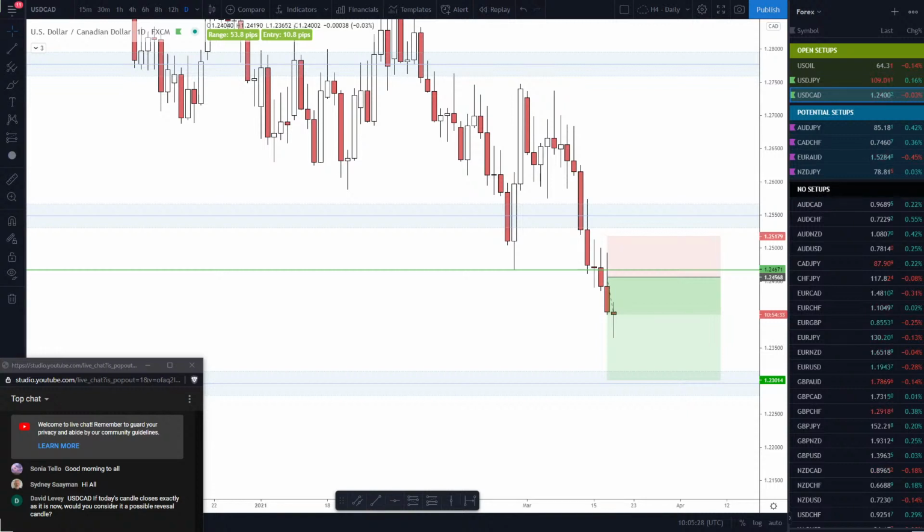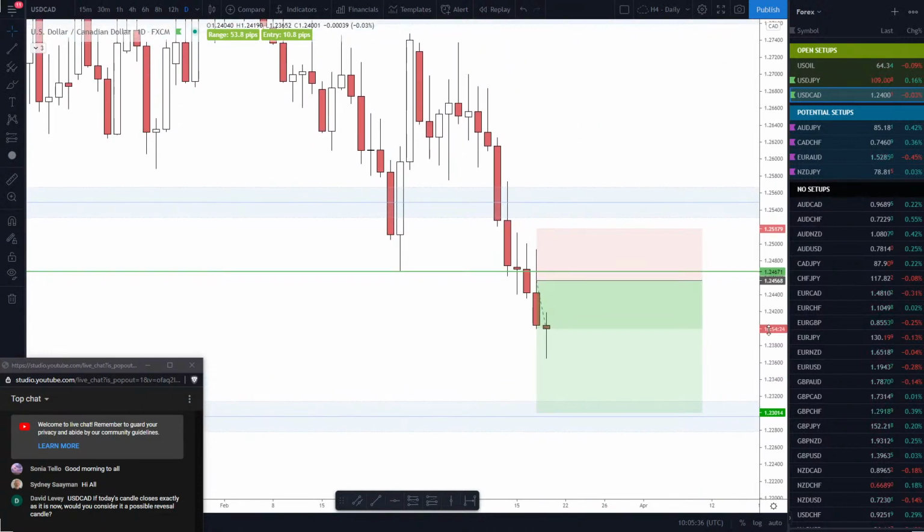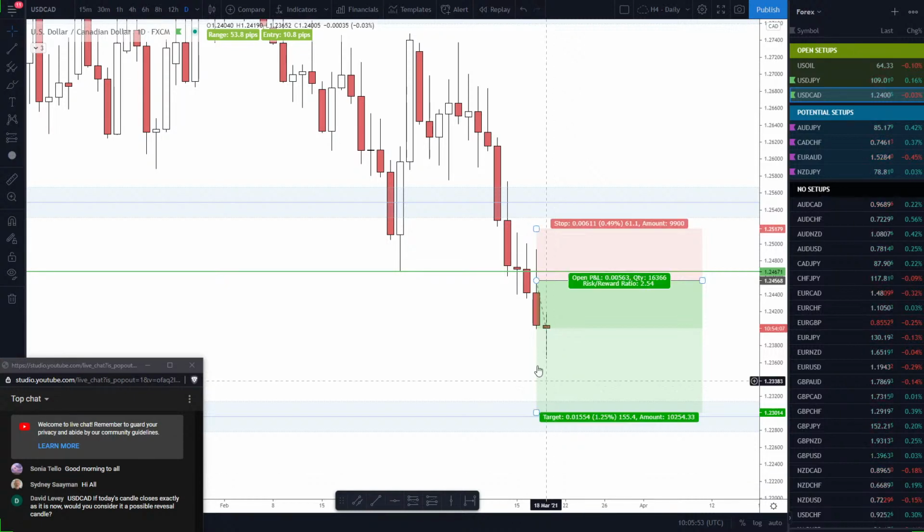I look at candles as indecision. Do they indicate indecision? If a candle closes like this, it would definitely indicate indecision. But without it closing on a support area, I don't really think that indecision's going to mean much. So I would stay in the trade. It's still clearly, at this point, in a bearish trend. So even if we get a bit of indecision, I would stay in the trade.